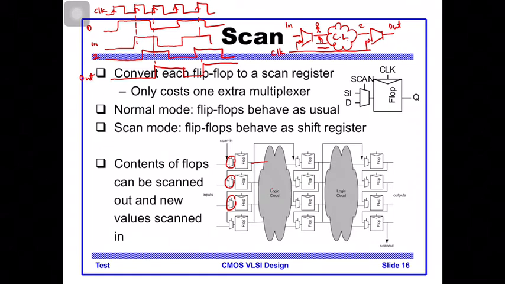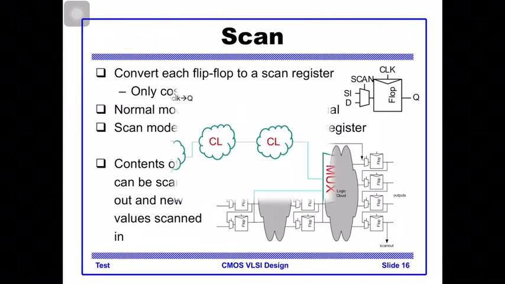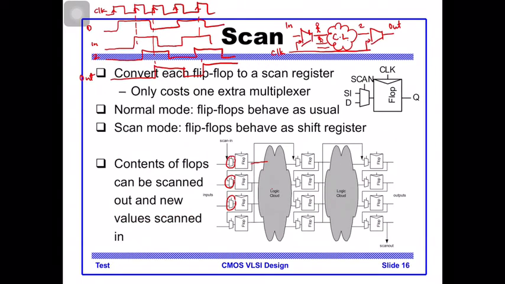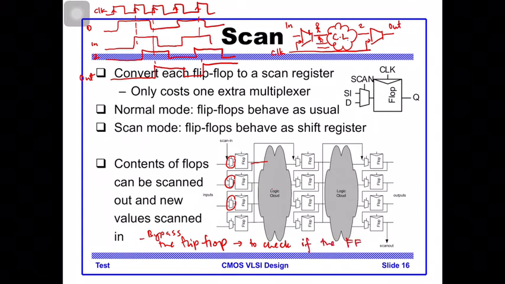This is because sometimes the error might occur because of your flip-flop, so you want to be able to bypass the flip-flop. The scan-in registers are there to bypass the flip-flop to check if the flip-flops have errors.